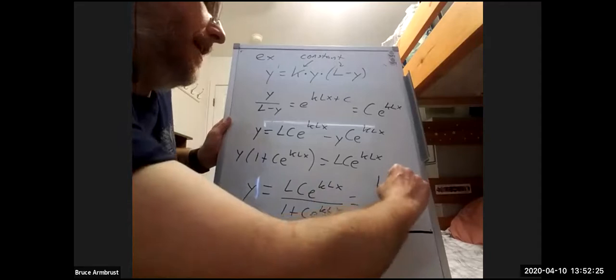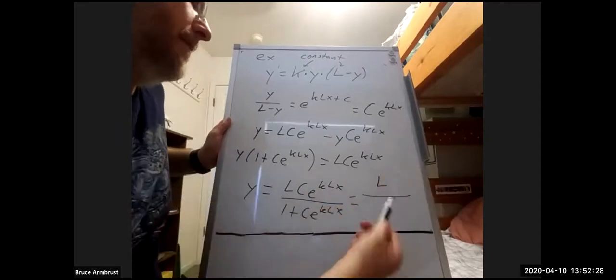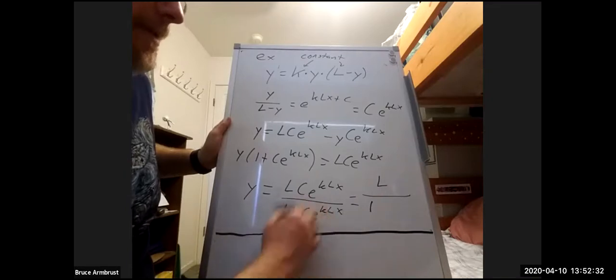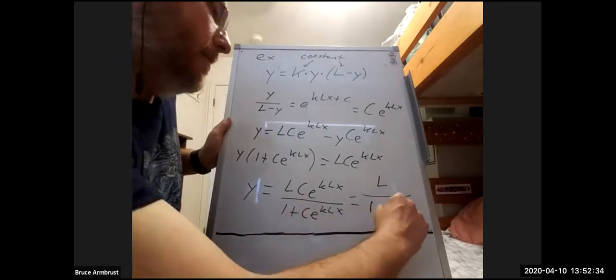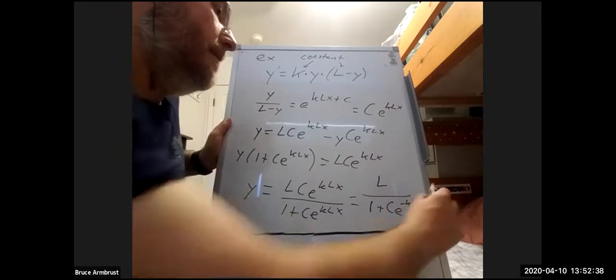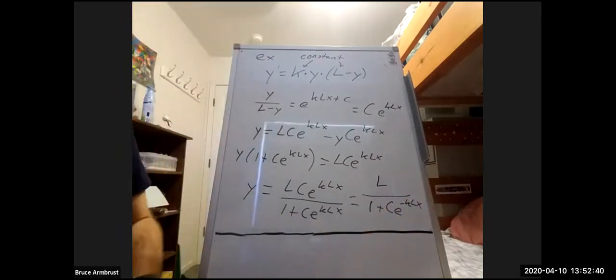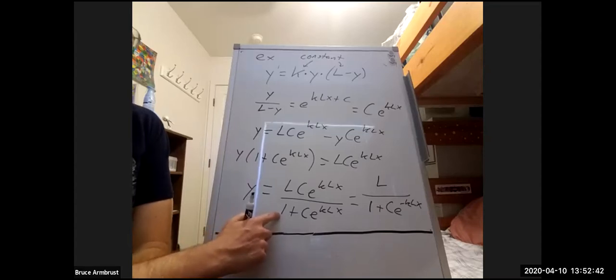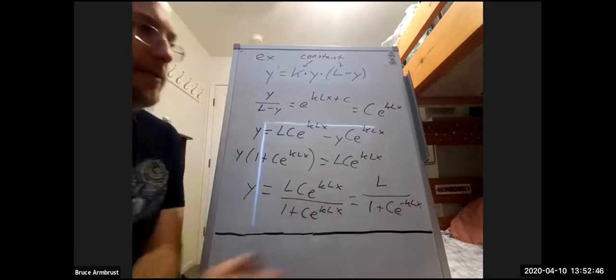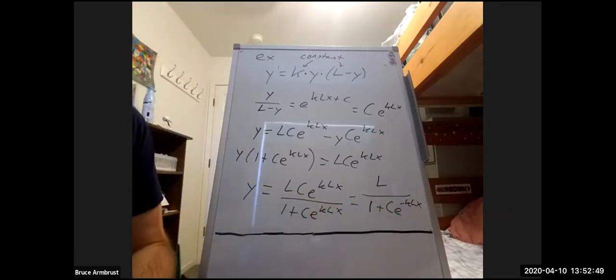We're going to get L on top. On the bottom, we're going to get a 1. That was from this guy. I'm flipping him. 1 plus c e to the minus kLx. Right? When I divide the 1 by e to the kLx, it gives me a minus kLx.